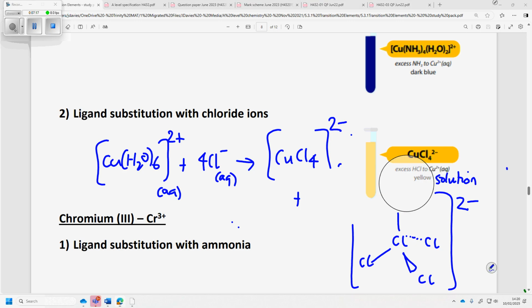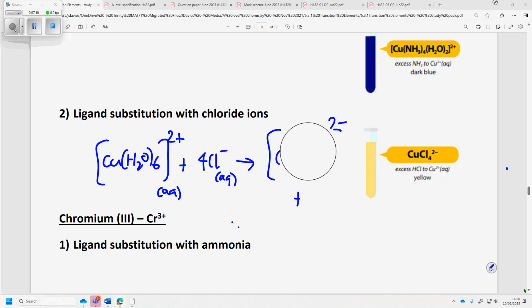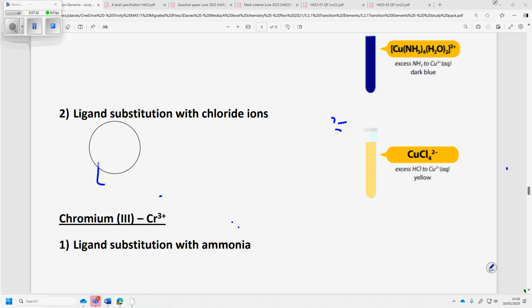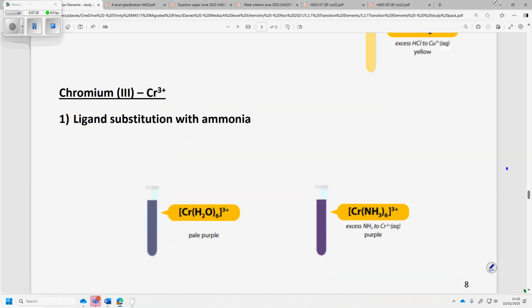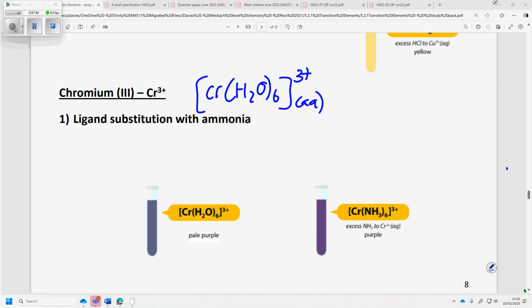Also on the syllabus, we need to know about ligand substitution reactions of the chromium Cr3+ ion. Again, we're going to start with our chromium hexa-aqua ion. Pale purple.